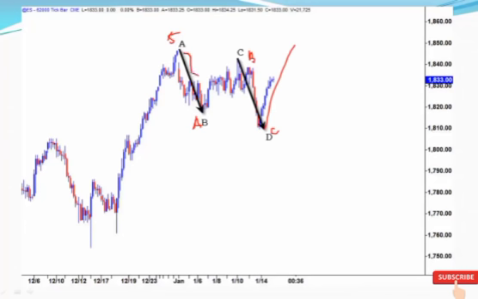Also, this can be considered an A to B, C to D relationship, but when you're looking at Elliott wave where you have 1, 2, 3, 4, 5, and you 0 down here, you'll have your ABC corrective wave, and you're going to learn that today of what that looks like.